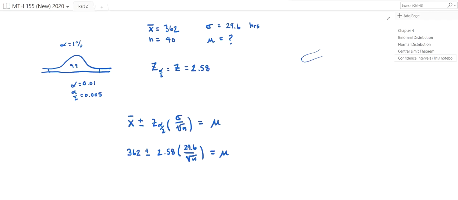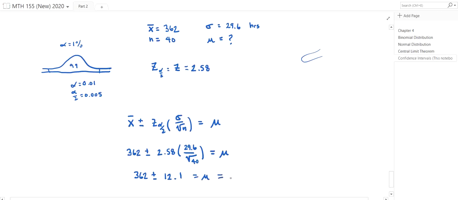Okay, let's put in what n actually is here, which was 40, and do our math. So we get 362 plus or minus, do the math here, give you a second, 12.1 equals mu.